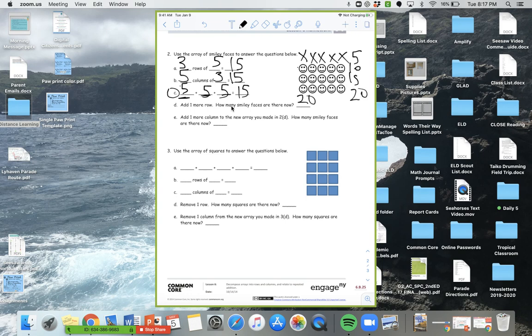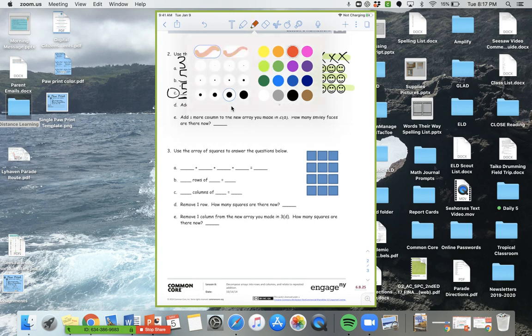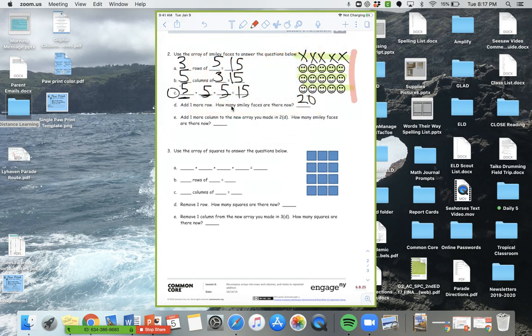Add one more column, okay? So right now, I have 4 rows. So I need to add a column that goes like this, okay? Because remember, columns go vertically. So now I need to add a column.